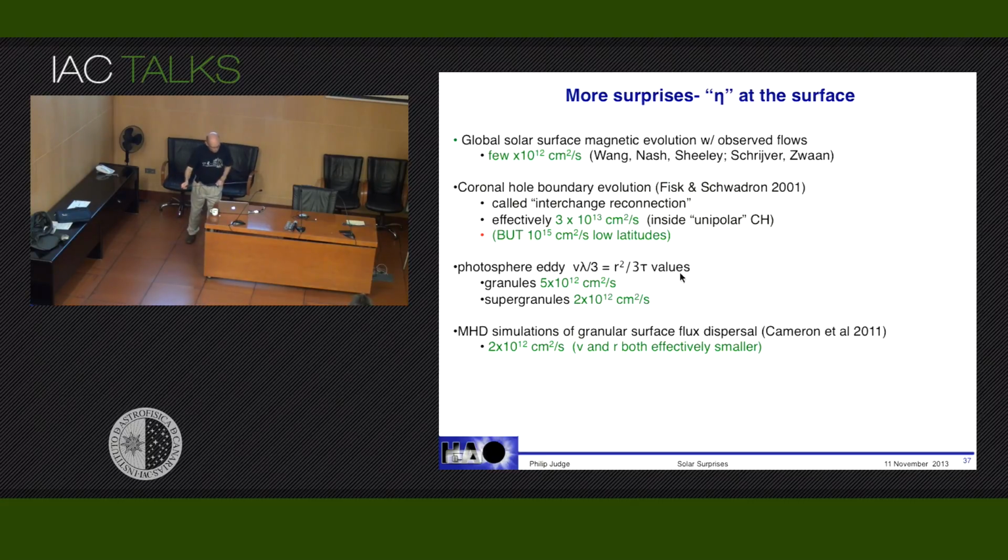I just want to draw your attention to, again, the evolution of surface fields. So here we go from the interior, where the magnetic field is a small fraction of what's going on, to the exterior, where at least for the first few radii of the sun, the magnetic field dominates the stresses.